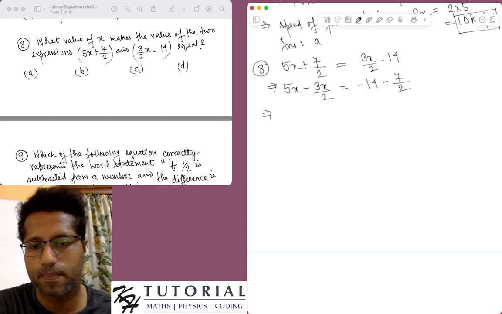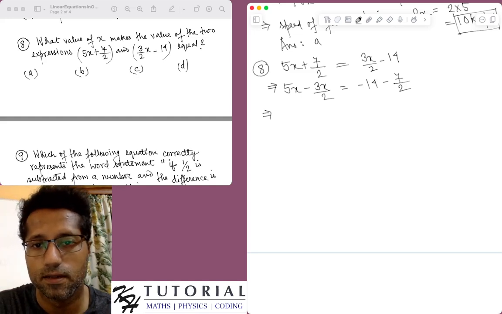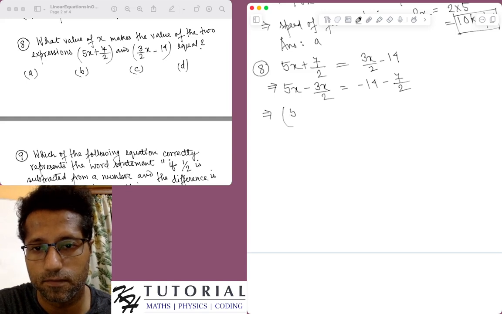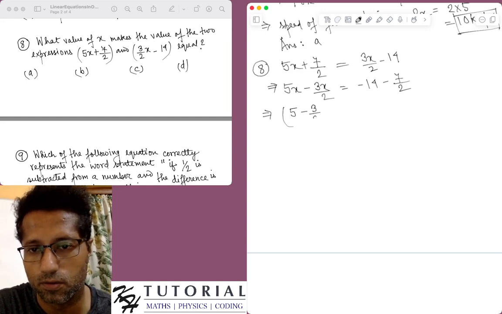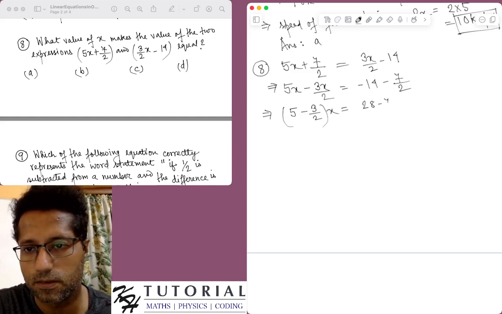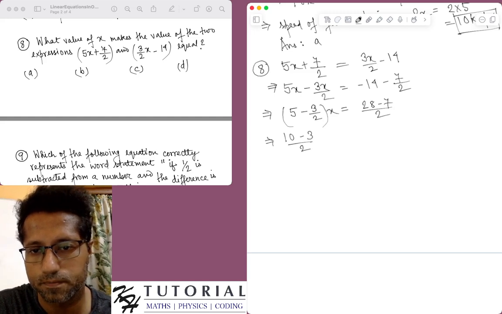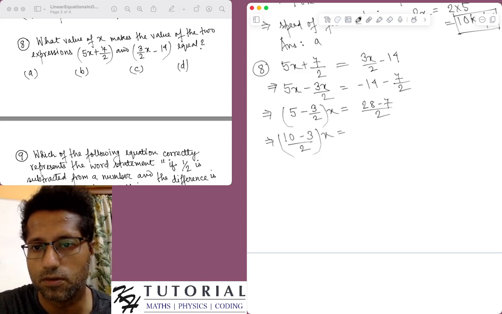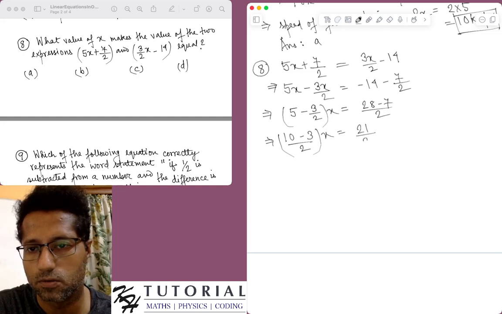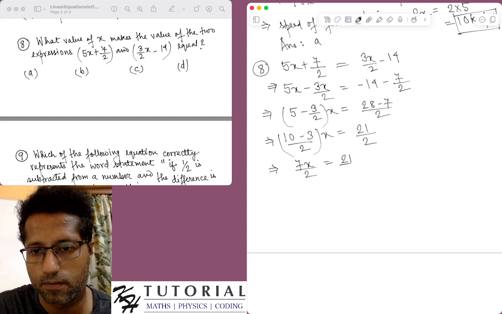Now if we add up the variable terms on the left hand side and the constant terms on the right hand side, we add the coefficients, 5 minus 3 by 2 x equals 28 minus 7 by 2. This implies 10 minus 3 by 2 x equals 21 by 2, and this is 10 minus 3, 7x by 2 equals 21 by 2.